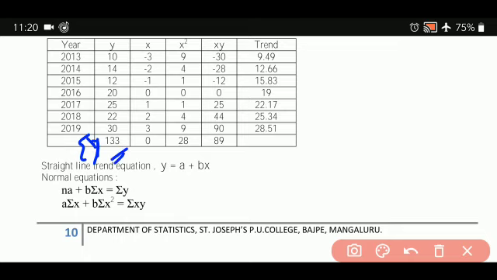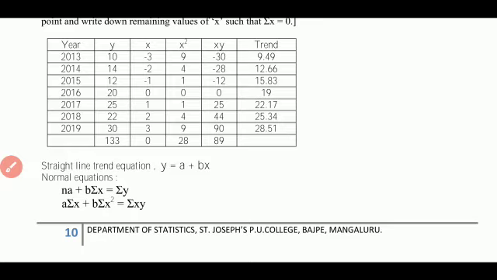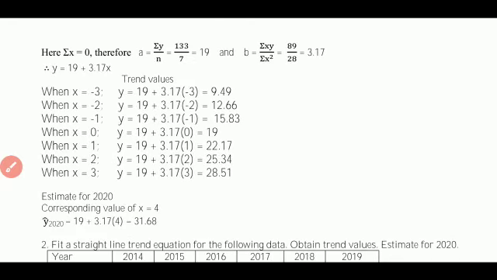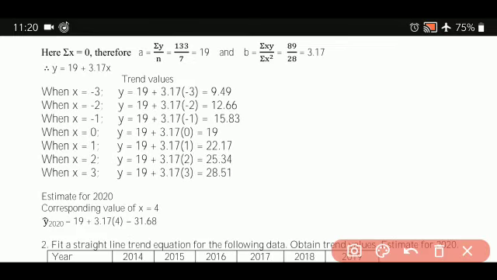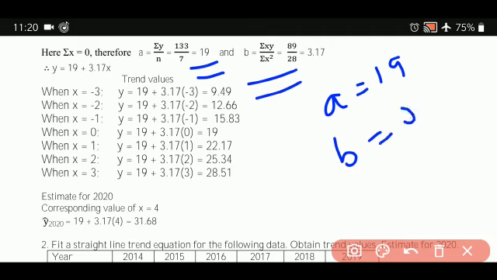You have to make the total, that is 133. So 133 divided by n, where the value of n, the time periods, is 7, that is 19, the answer you get. Similarly, to find the value of b, it's going to be summation xy divided by summation x square. This is equal to 89 divided by 28, that is 3.17. Now we have got the value of a as 19, and the value of b as 3.17.